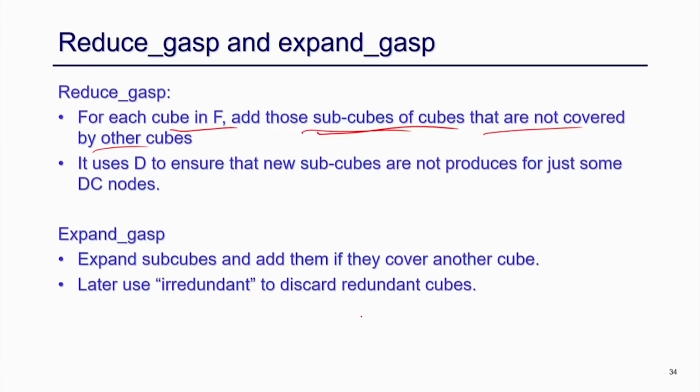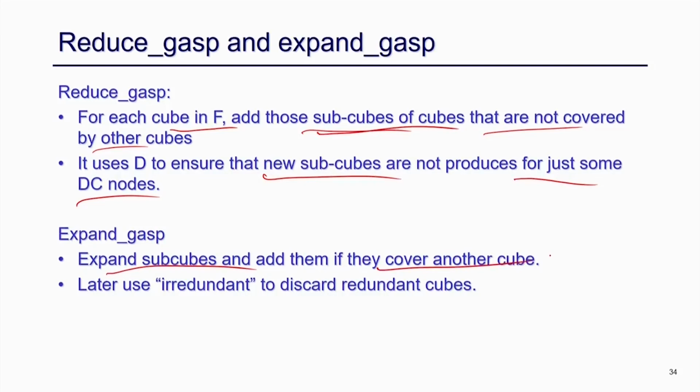It uses D to ensure that new subcubes are not produced just for DC nodes. So, basically we start from other minterms and try to grow them in another way, right. This is what reduce gaps is all about, and then we just add subcubes, and add them if they cover other cubes, right.